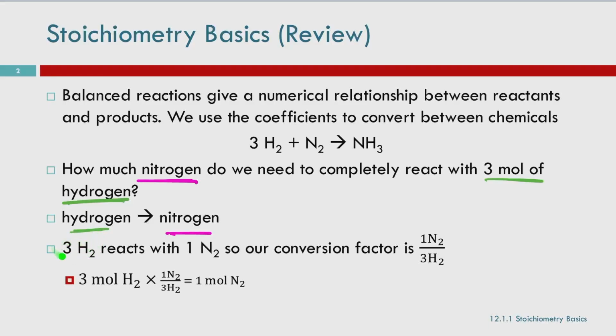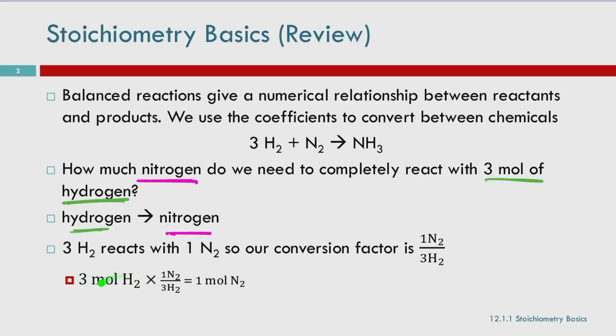3 H2s, or 3 moles of H2, reacts with 1 N2, or 1 mole of N2. And so we get this ratio, this conversion factor, of 1 N2 out for every 3 H2 put in, assuming that they're completely reacting.